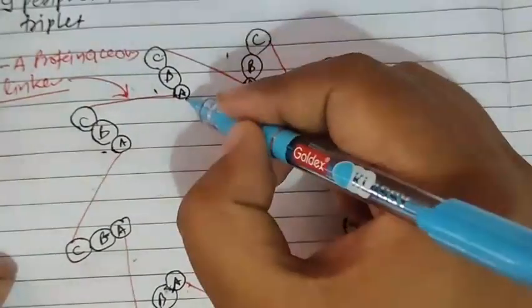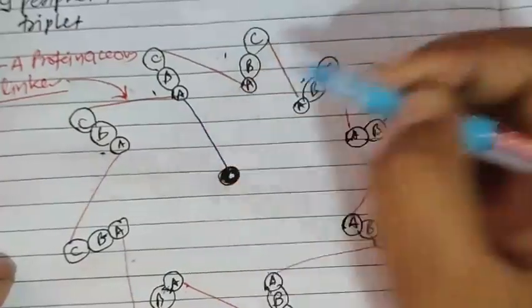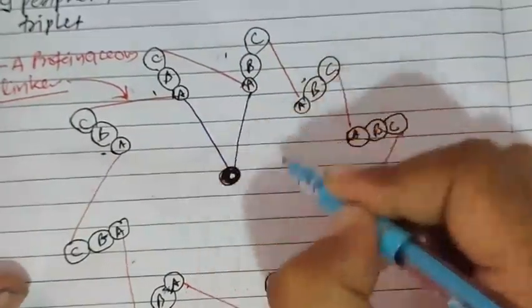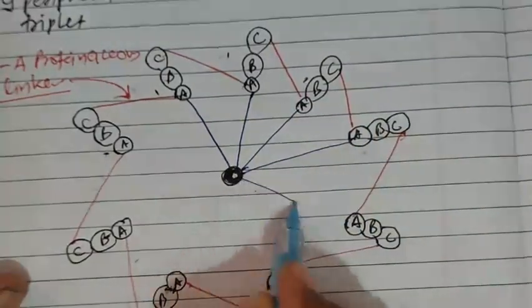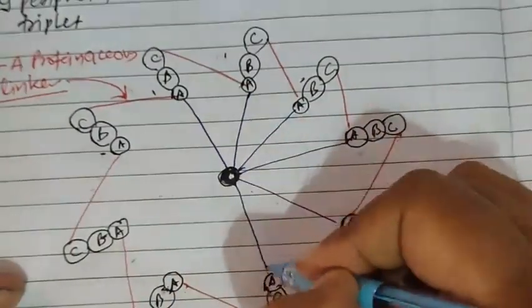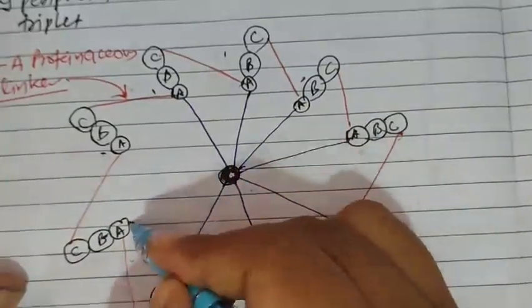Then all the A microtubules are joined with the central hub by a radial spoke, like this.